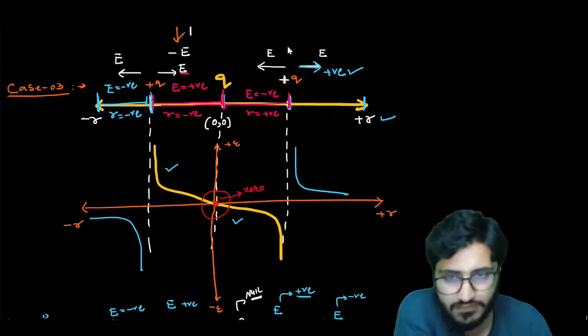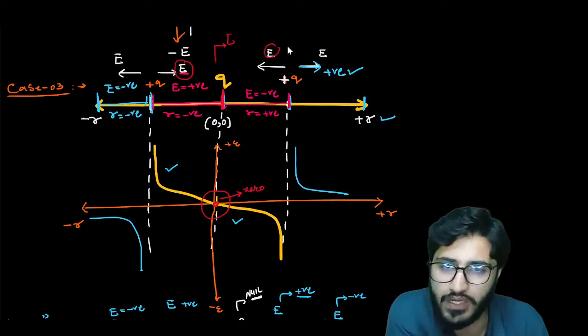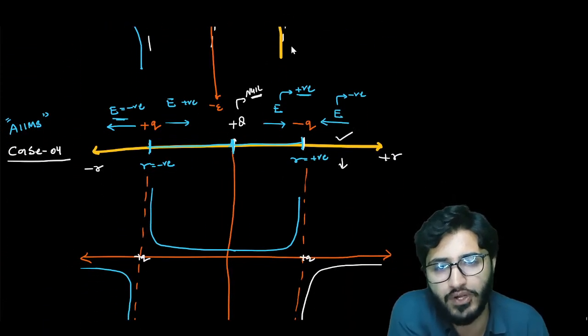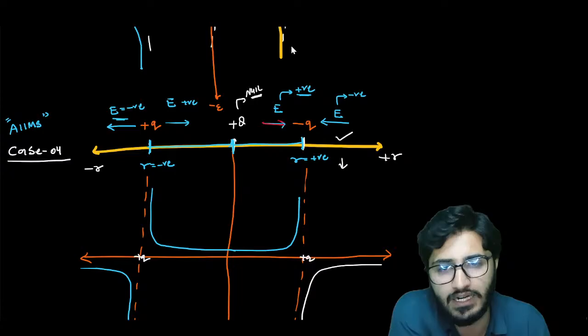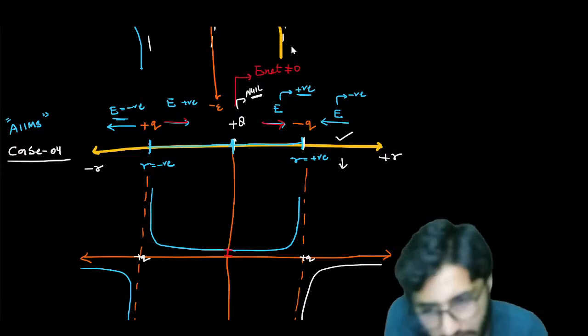Look, the electric field here is rightwards, and here leftwards. So at this particular point, my E net will be zero. But if we talk about this particular portion, the electric field is in the right direction. This is also right. So I will write here, my electric field net is not equal to zero. That's why it is uplifted. It is not zero.